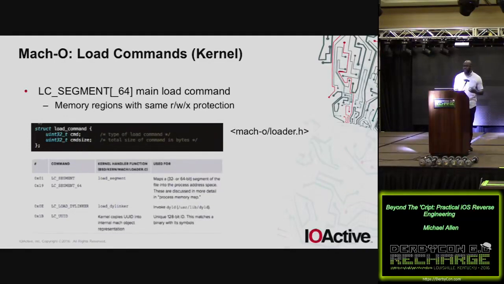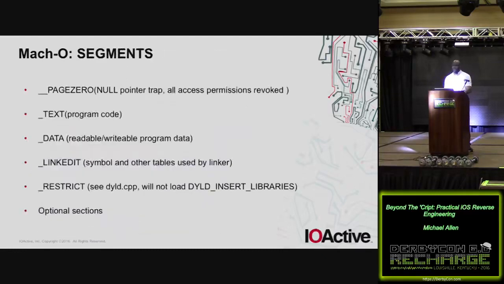Things that the kernel will handle are like LC_ENCRYPTION_INFO, that deals with encryption. LC_CODE_SIGNATURE, that deals with code signing, and code signing is heavily used on iOS. LC_MAIN, the binary's main entry point, right? And so, what are these segments?